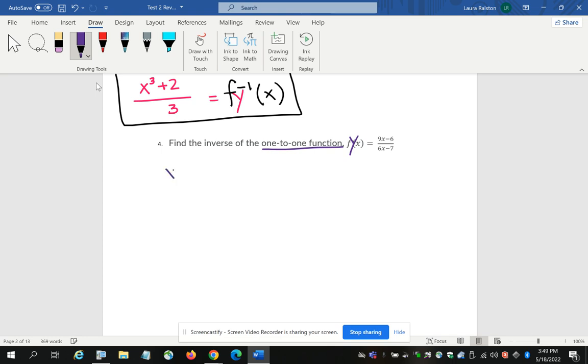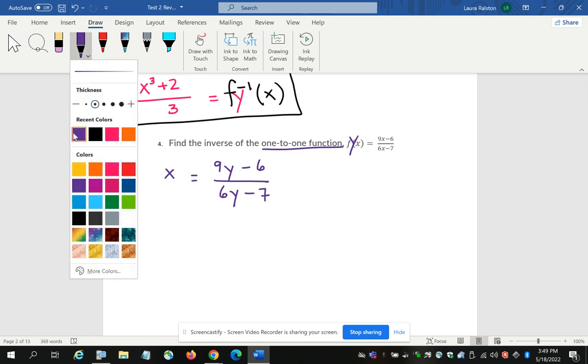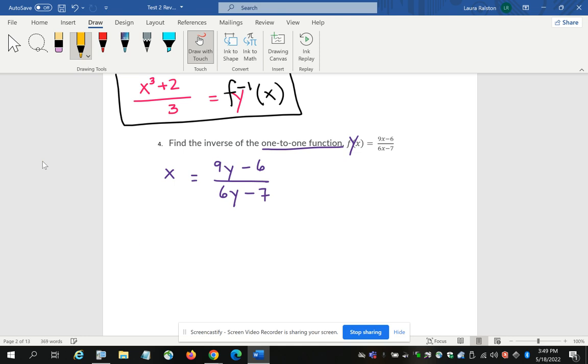So I have x equals 9y minus 6 over 6y minus 7. And I'm going to make this look like a fraction, so I'm going to put the x over 1. Remember, we can make anything a fraction by putting it over 1.